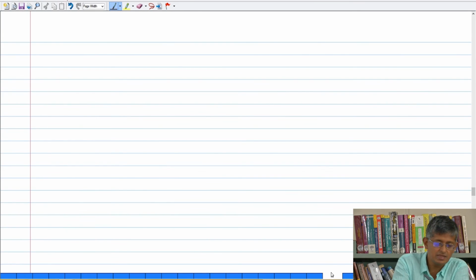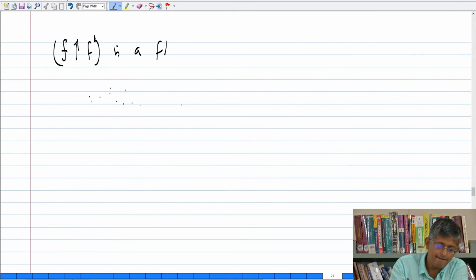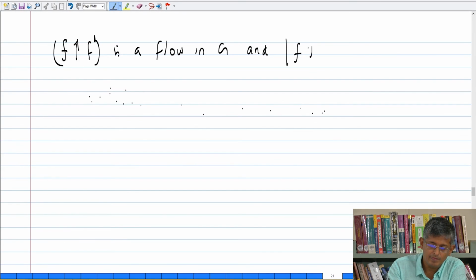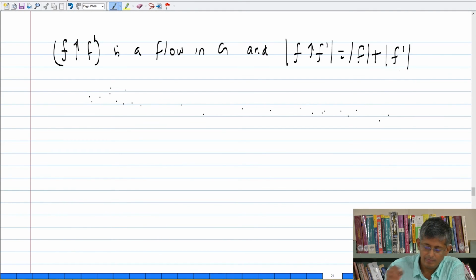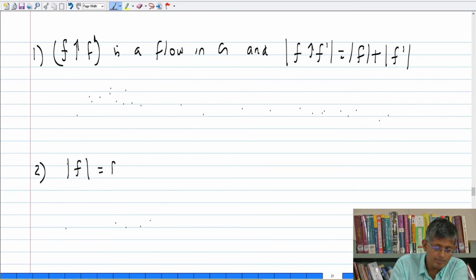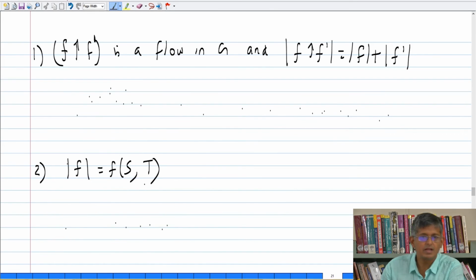I need to prove 2 lemmas. For your interest, let me write this down. We need to argue that this is one thing to prove, and the second thing to prove is that, so both of them are very similar.